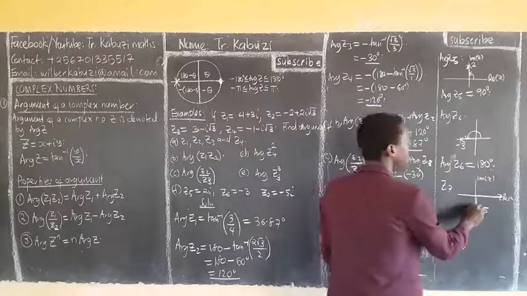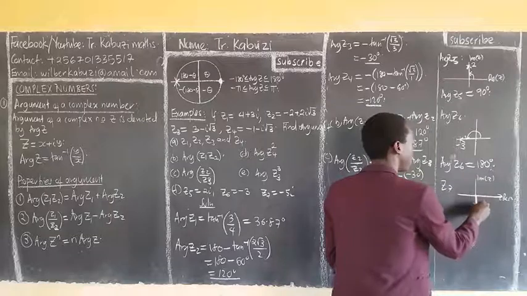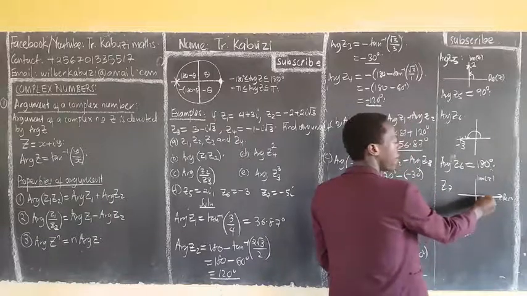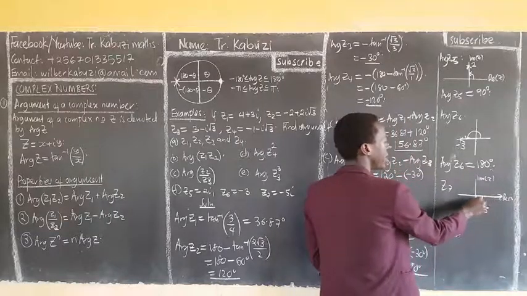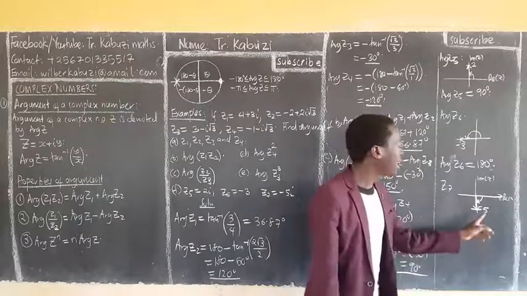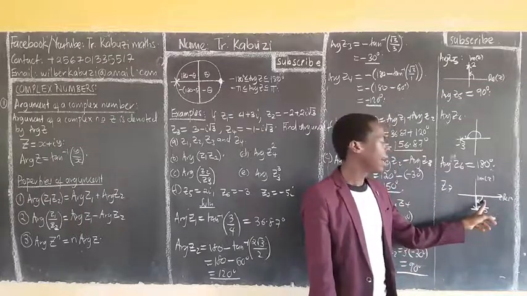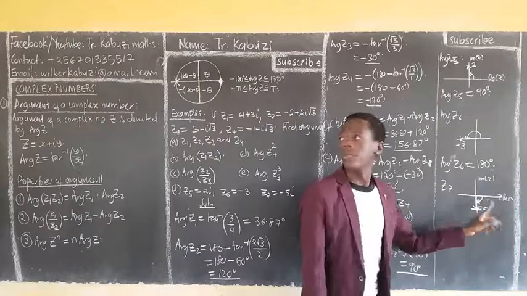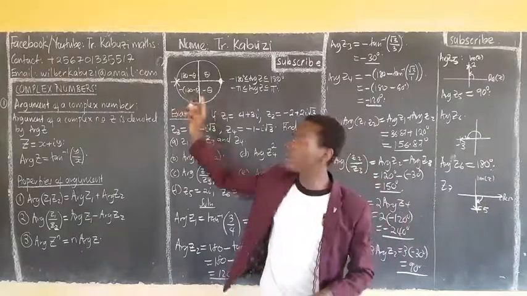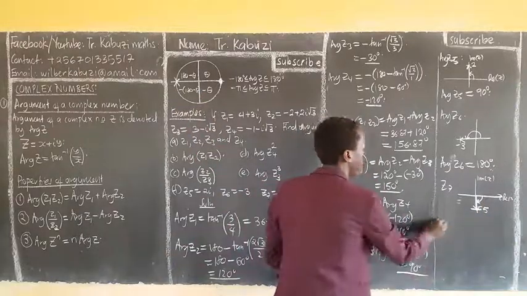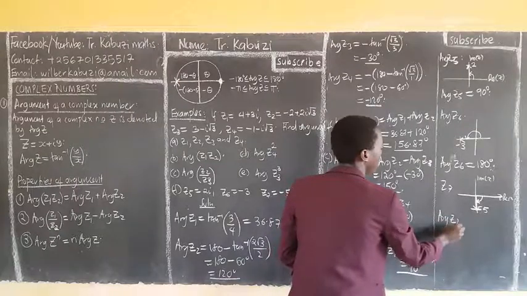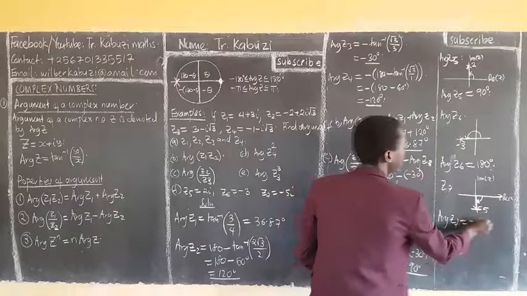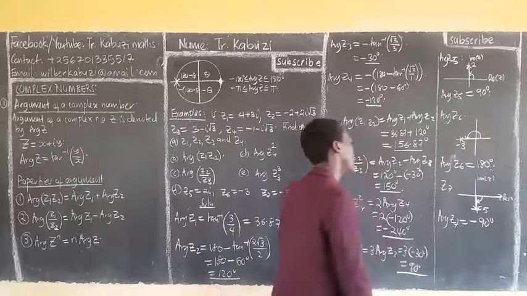This is where my Z7 is going to be. What is the angle from the horizontal? We measure this and it's 90 degrees. But here I'm moving clockwise, and for clockwise we attach a negative on those arguments. So here the argument of Z7 is going to be negative 90 degrees.